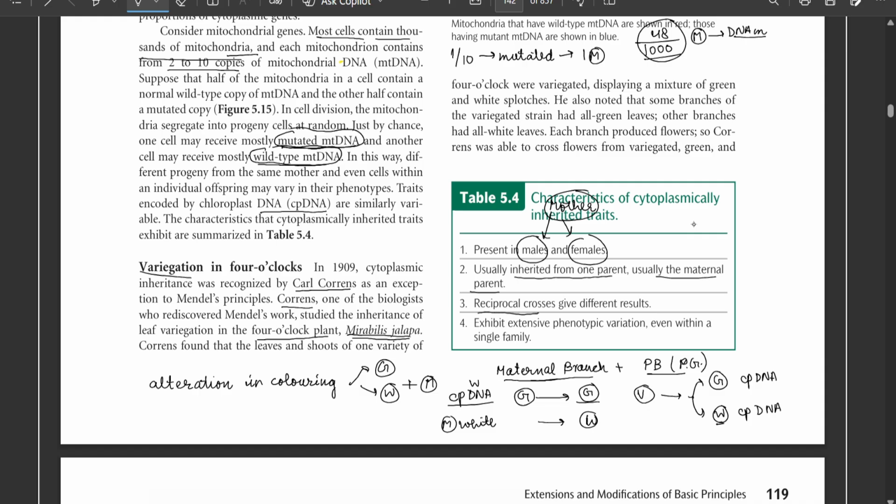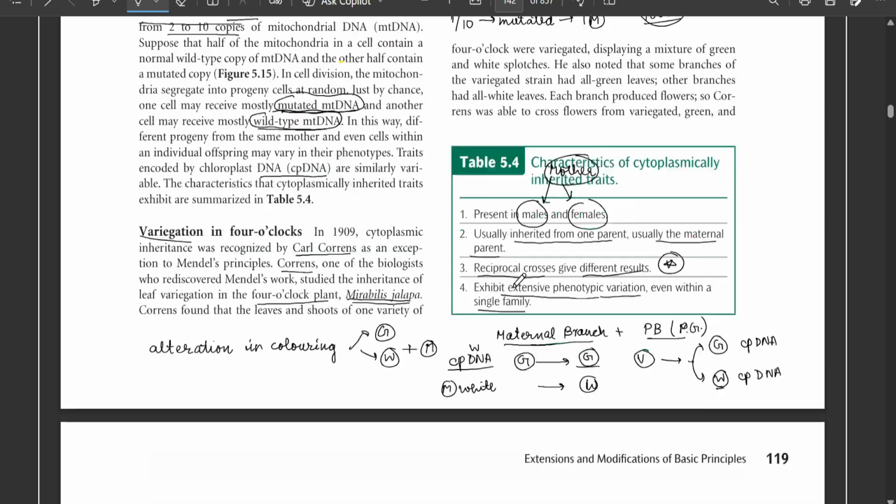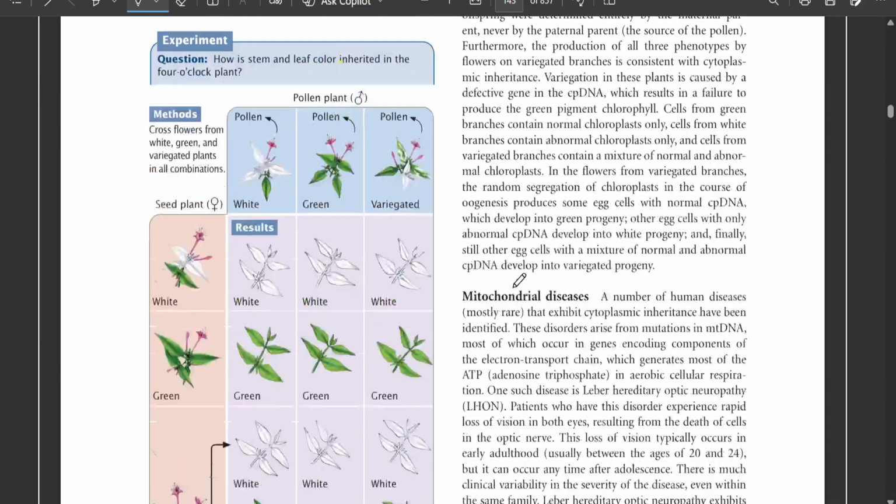Thirdly, when we do the reciprocal cross, they often give different results. This is a very important and characteristic feature of cytoplasmic inheritance. And lastly, they exhibit extensive phenotypic variation even within a single family. As I already told you, there would be a huge variety of phenotypes observed here.